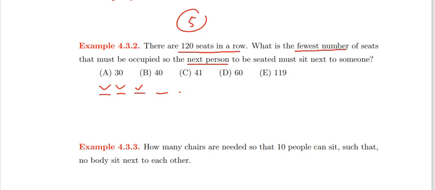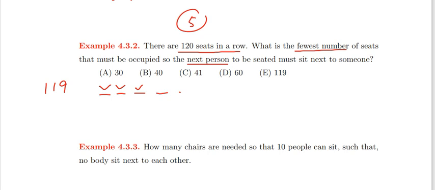So let's say if we have 120, and 119 are occupied, only one seat is left. So this person must sit next to somebody, right?